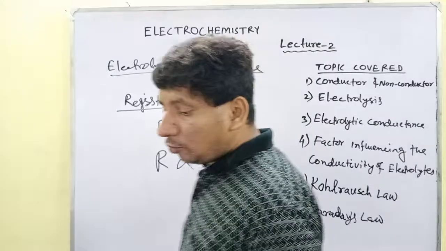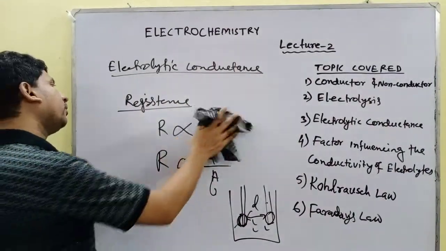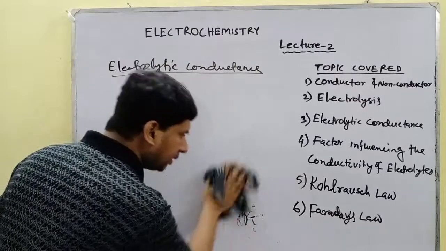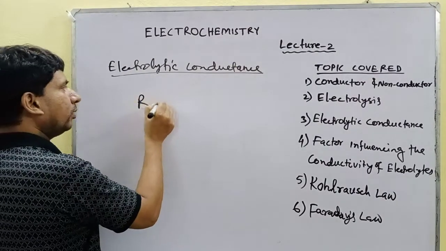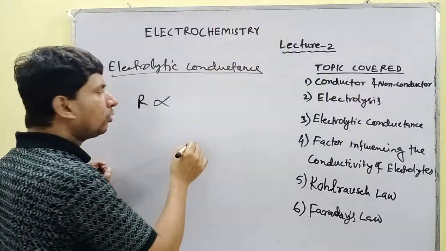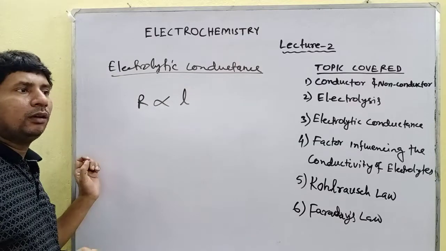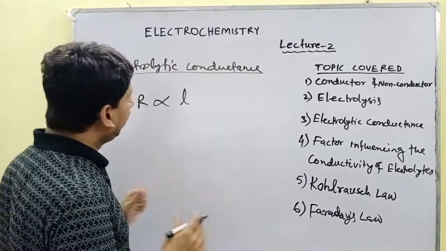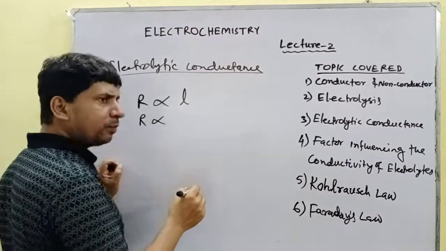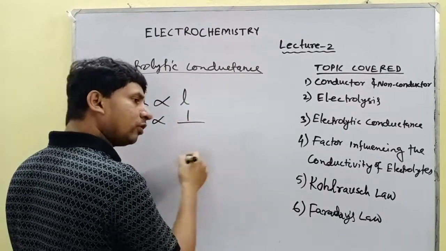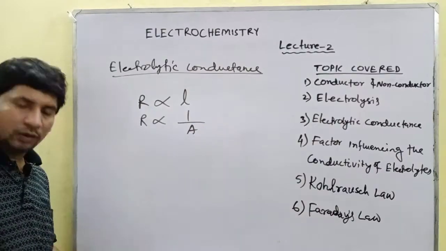Okay. So from Ohm's law, the resistance of an electrolytic solution is directly proportional to the length, that means the distance between cathode and anode, and resistance is also inversely proportional to the cross section of the electrode. Okay, clear?